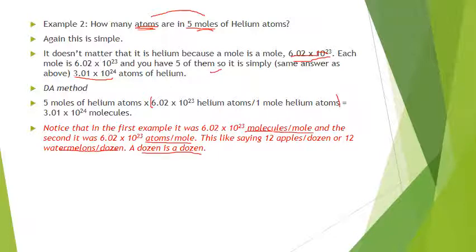I know this used to confuse me. Shouldn't it just be molecules per mole or atoms per mole? No, it's because a mole is a mole. So you could have a mole of cars. It could be 6.02 times 10 to the 23rd cars per mole of cars.